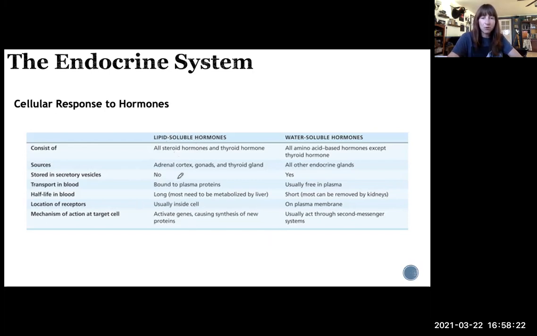Your lipid soluble hormones, again, are bound to your plasma proteins, so they're not going to be easily filtered by your kidneys, whereas your water soluble hormones are kind of free floating in the blood, so they can be filtered out. Relatively long half-life for your lipid solubles and relatively short half-life for your water solubles. That's really what I'm trying to drive home here, okay? Is the half-life. All right.